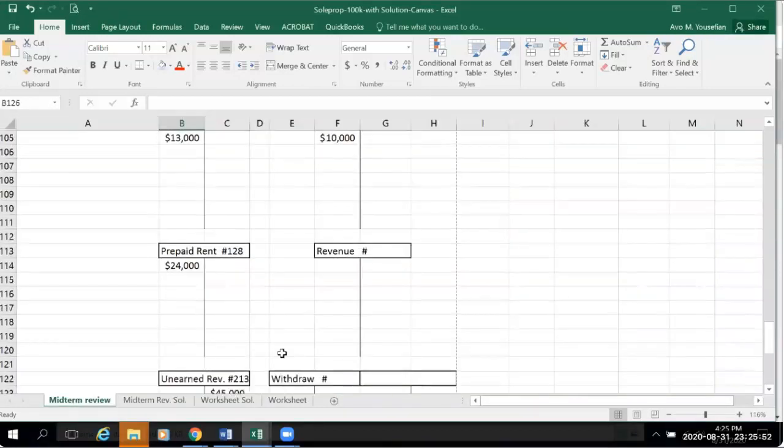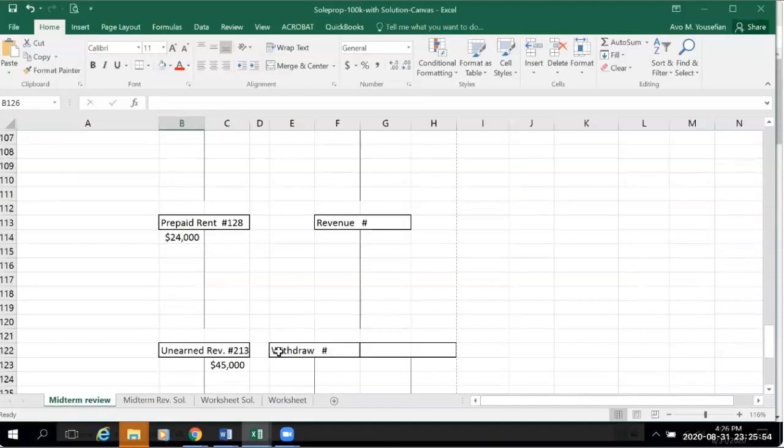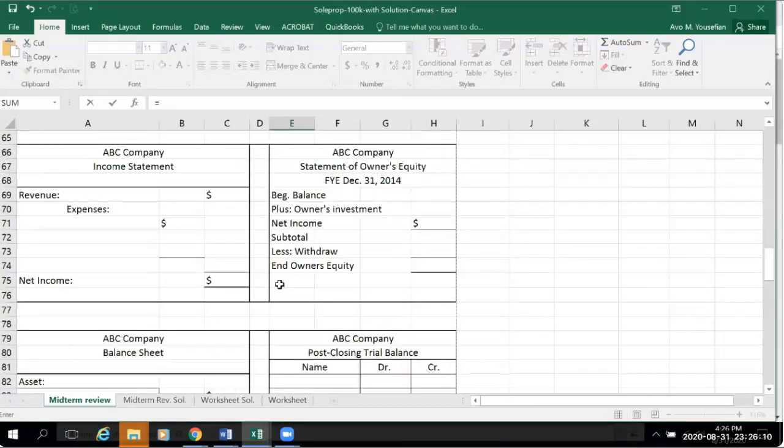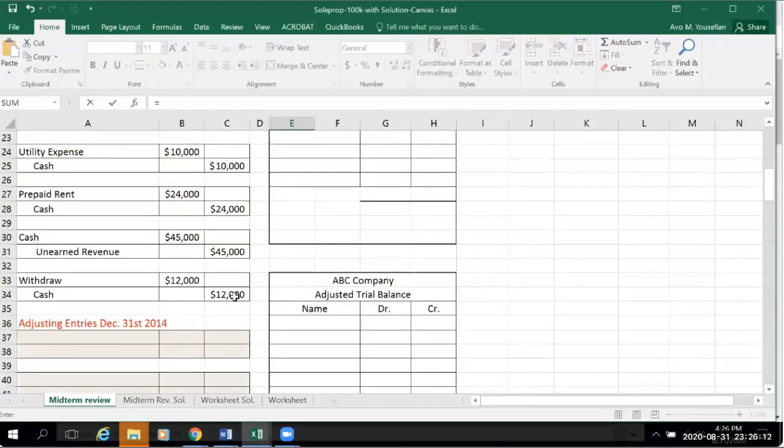So here we go. Withdraw, 302 starts with 3 anyway. So here we go. Debit, normal balance for withdraw, debit. Withdraw, dividend, same thing, debit, equals to, I go up, up, up, up, up. Here we go, withdraw $12,000, enter.